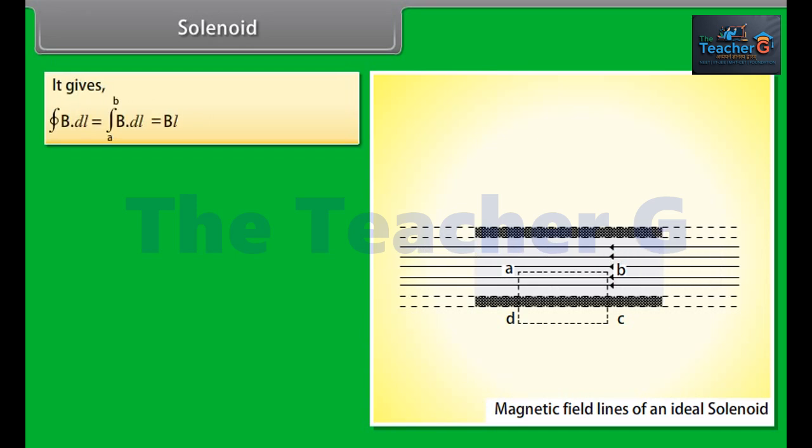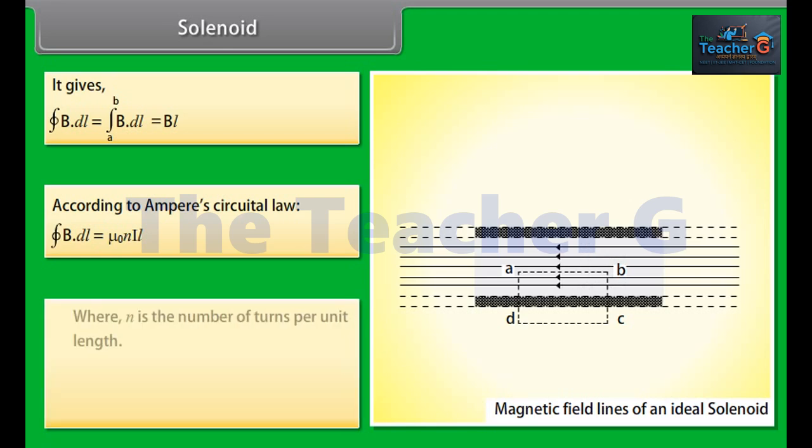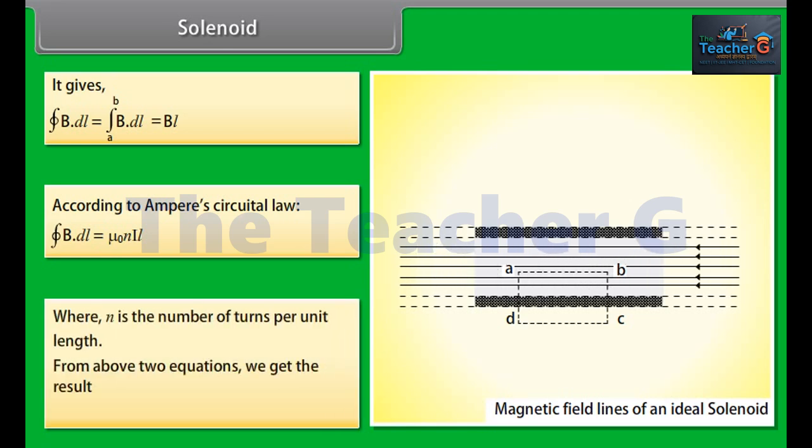It gives closed integral of B dot dl is equal to integration from A to B of B dot dl, which is equal to BL. According to Ampere's circuital law, closed integral of B dot dl is equal to mu naught n I L, where n is the number of turns per unit length. From the above two equations, we get the result B is equal to mu naught n I.